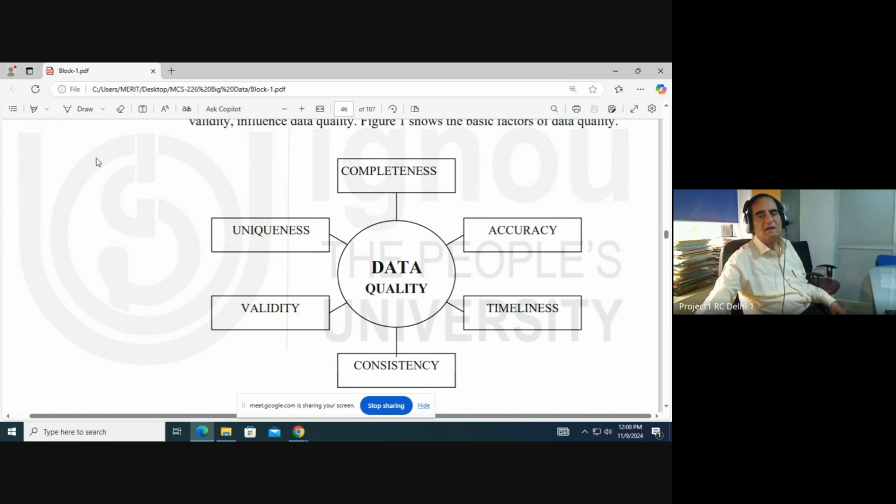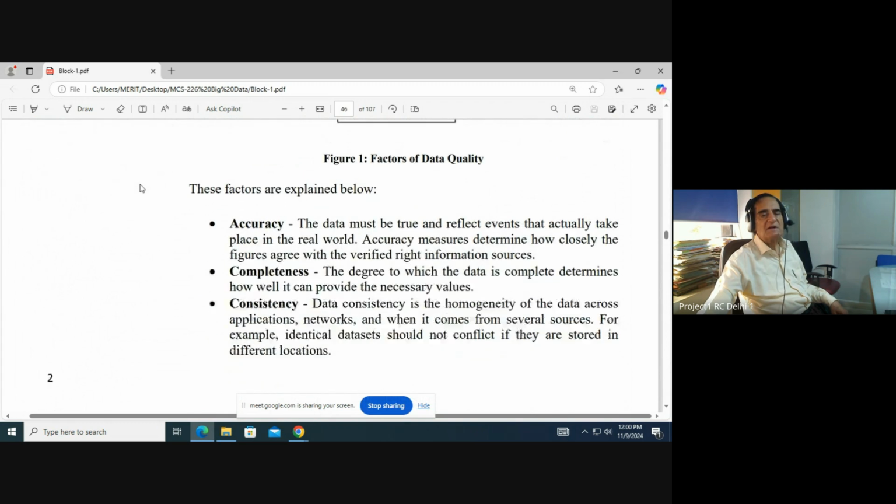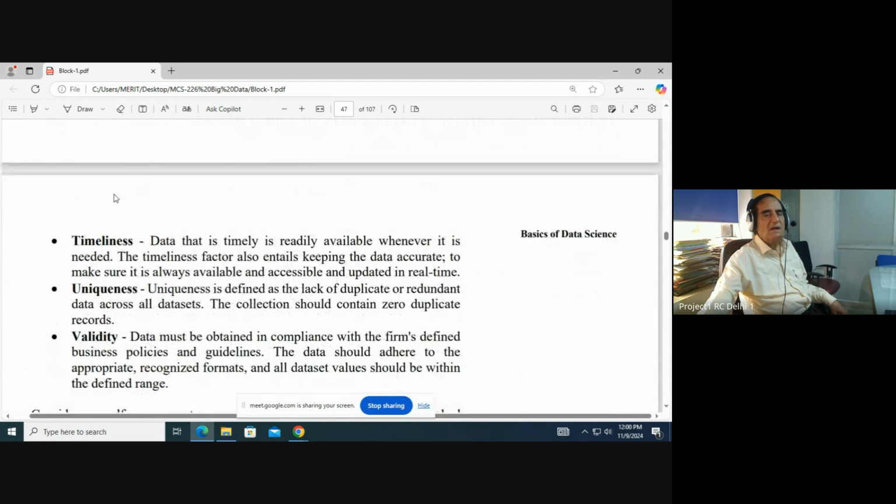So that's why the data quality: accuracy, completeness, consistency. Timeliness: data that is timely is readily available whenever it is needed. So if you should know where mosquitoes breed, you should know where things are available, then you can go and throw some kerosene oil, some insecticides and all these things.